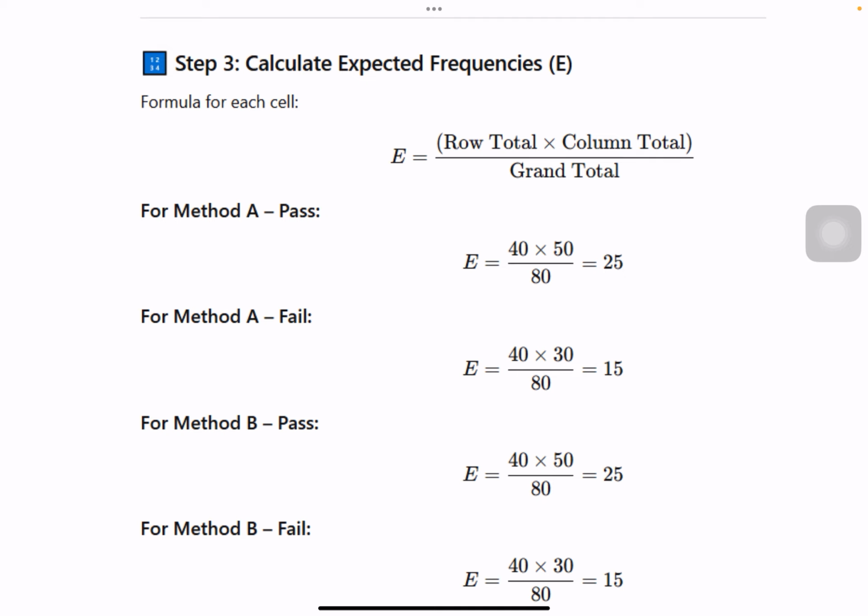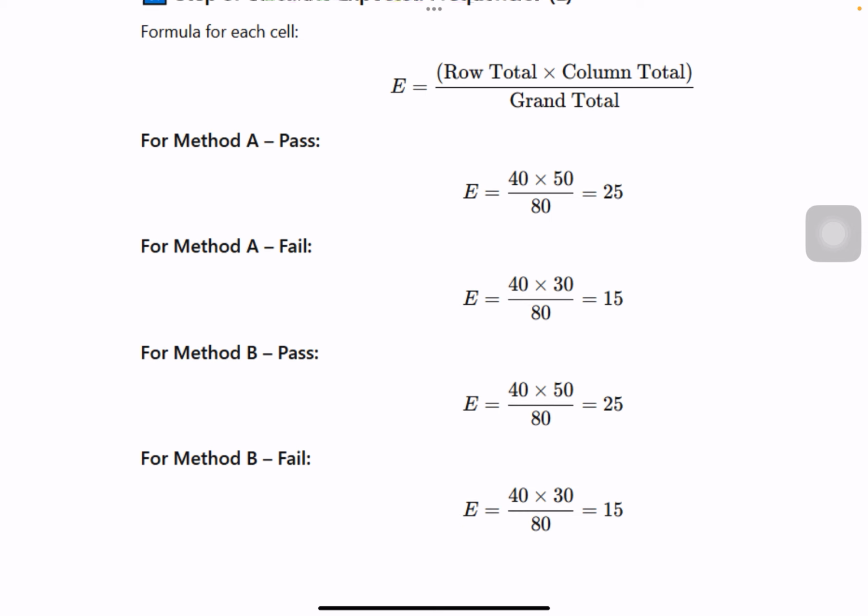For method A pass, E is equal to 40 multiplied by 50 divided by 80. We only focus on row total, column total and grand total.